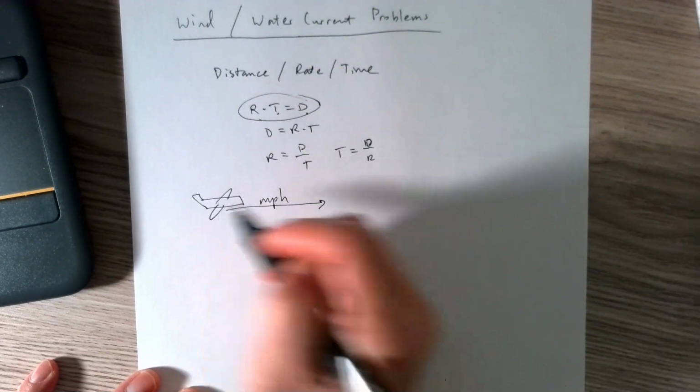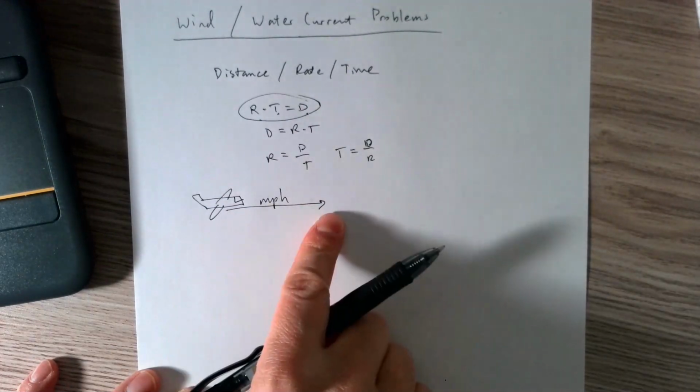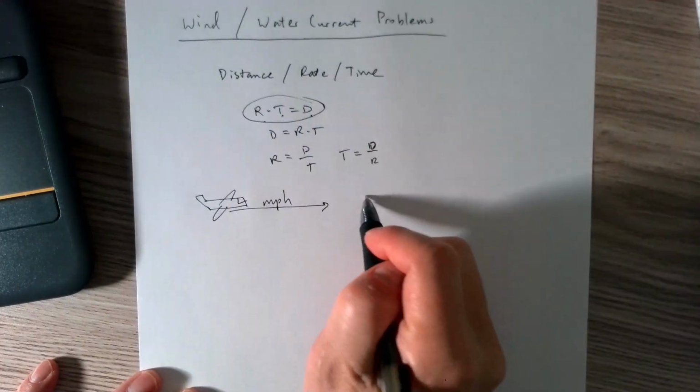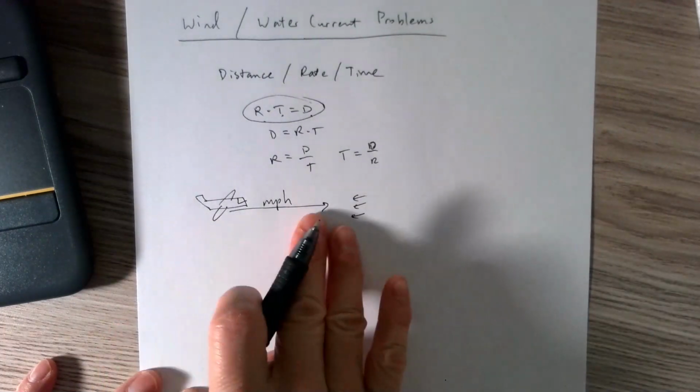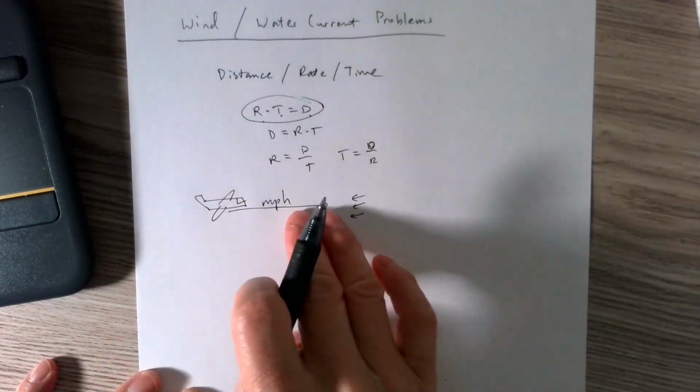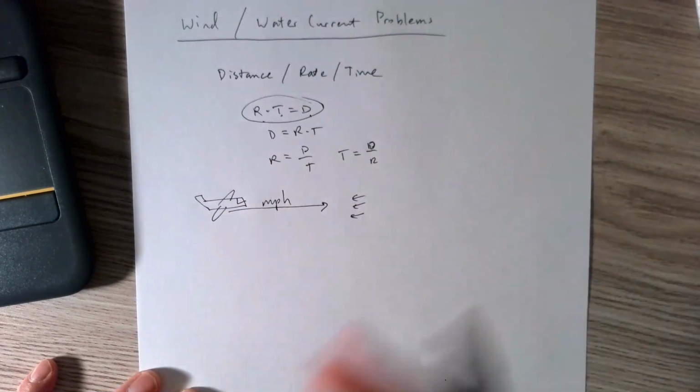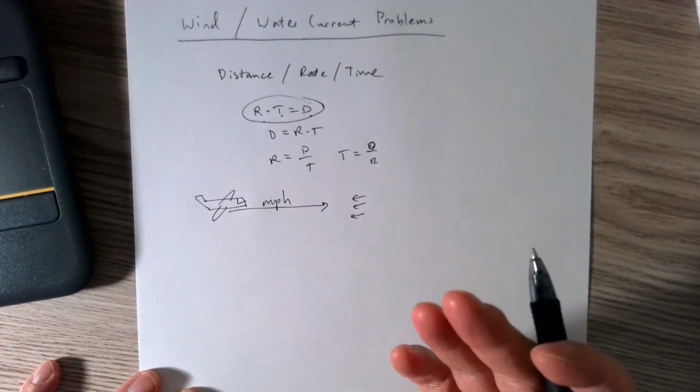Alright, so there's my airplane. But if there is a wind working against, going at the head of the plane, this is called a headwind, that's going to slow the plane down.